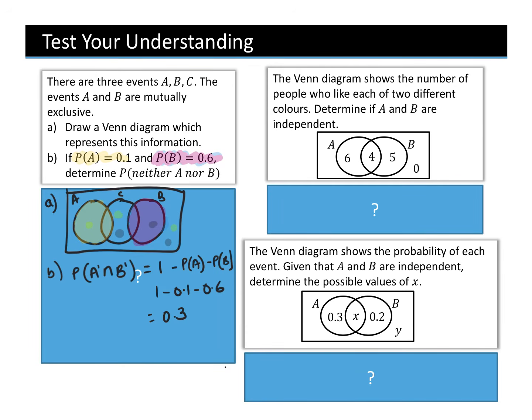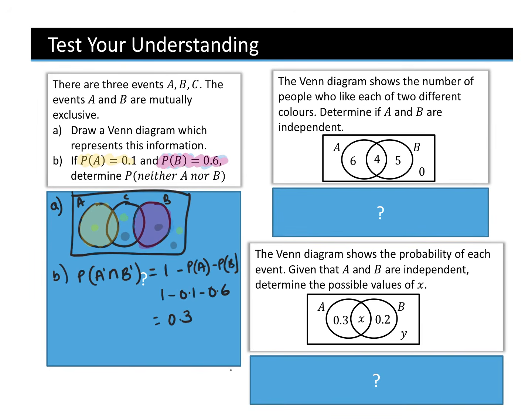Question 2. The Venn diagram shows the number of people who like each of 2 different colours. Determine if A and B are independent. Now, if A and B are independent, we know the probability of A and B equals the probability of A multiplied by the probability of B. This is the rule for independence.